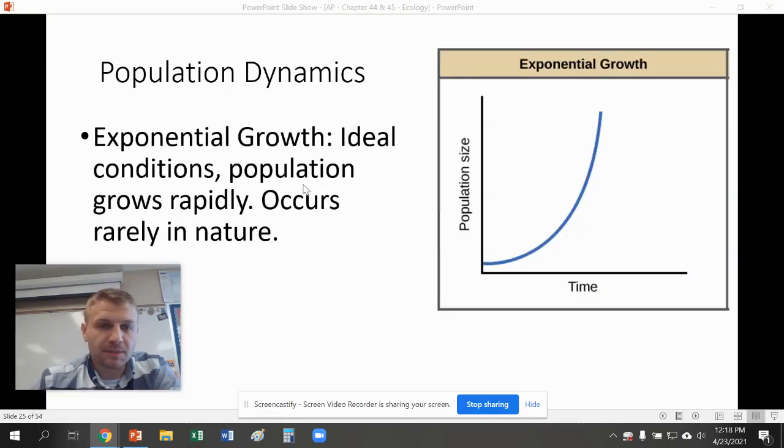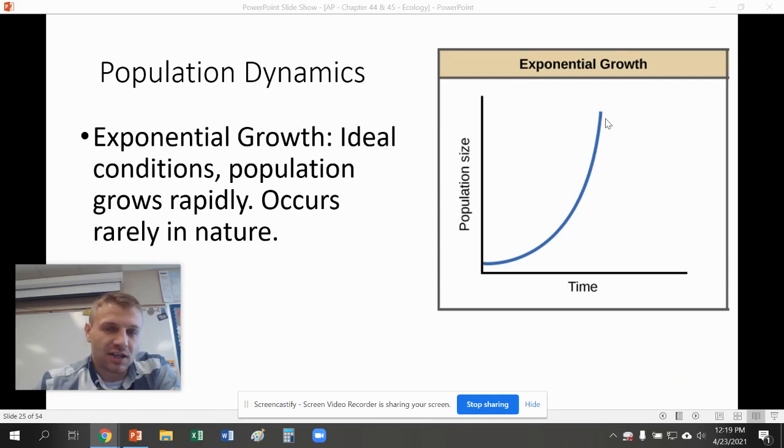We're going to talk about exponential growth and logistic growth here. We've probably seen this in your math classes, but exponential growth is when there are ideal conditions, the population grows very quickly, and you can see here it goes exponentially, towards the sky almost, and you're just increasing very rapidly. This occurs very rarely in nature, because there has to be some type of limiting factor we're going to learn about next.